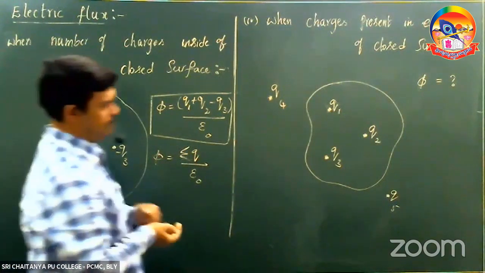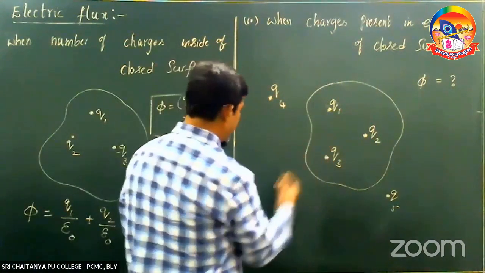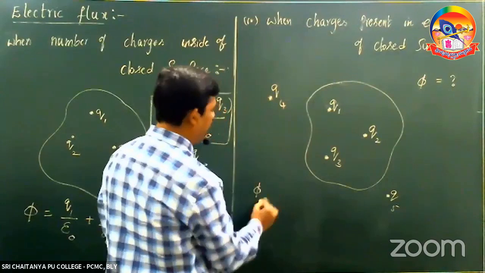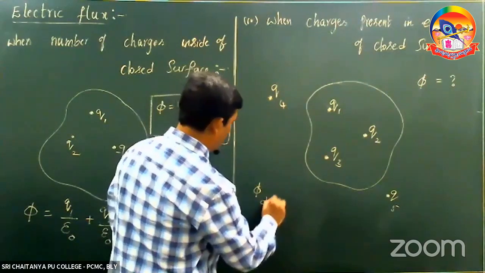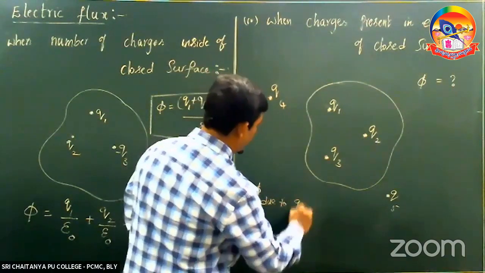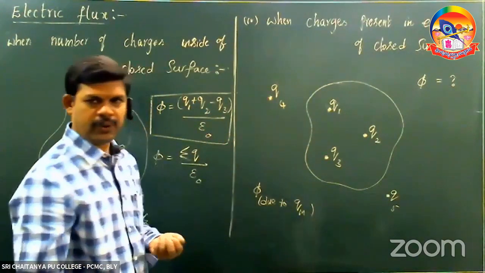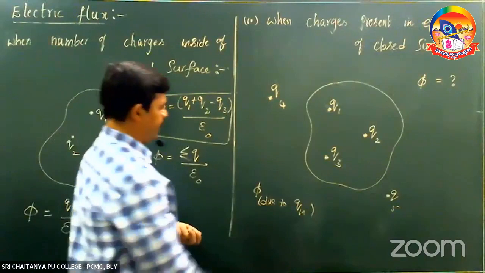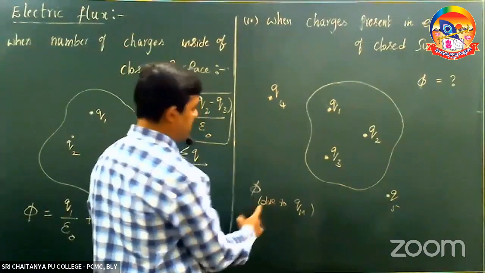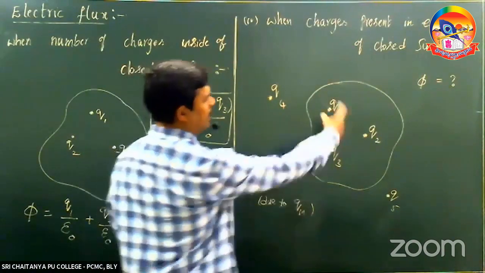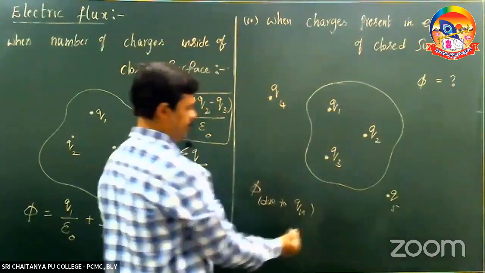Now we know the concept. Flux due to inward charges, phi due to Q in. That means the flux due to charges which are present inside.